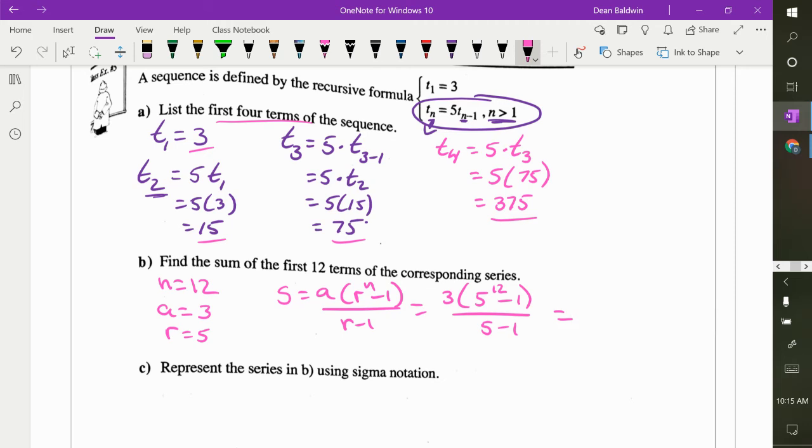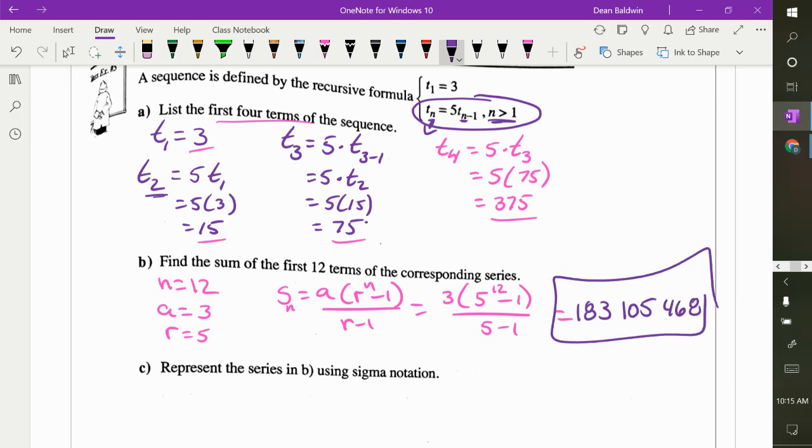That's supposed to be Sn, sorry. I always forget the n. Is that right, Mr. Bowman? Freeze it so I can write mine up. What is the number?